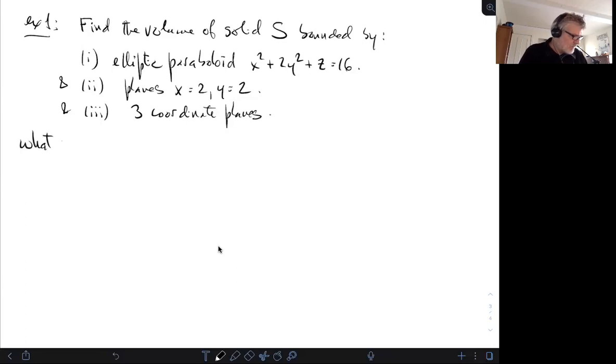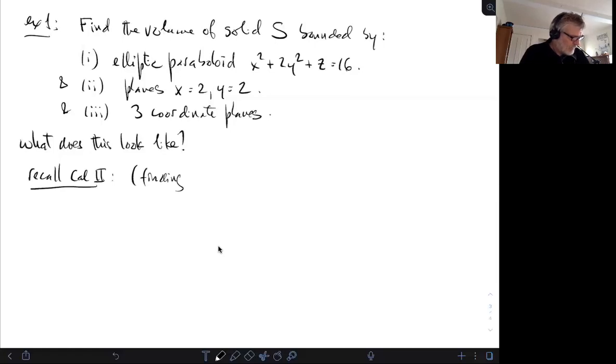So what does this look like? Now, if you remember Calc 2, when you were asked to find an area, the idea was always the same: you're given a bunch of curves which bound a region.